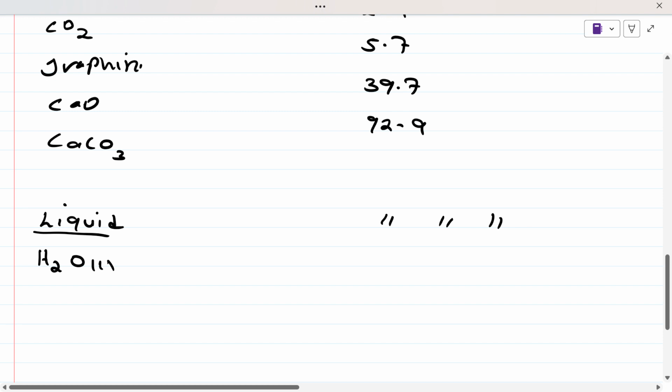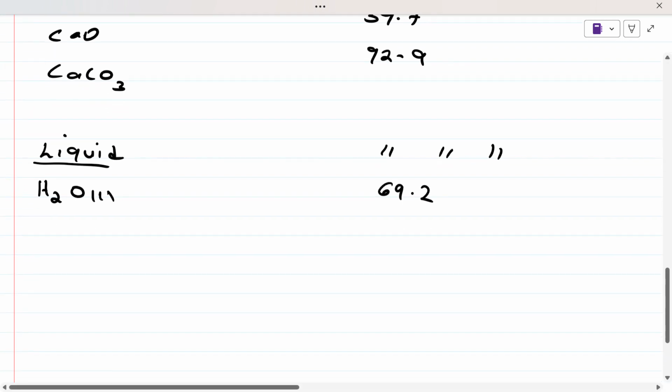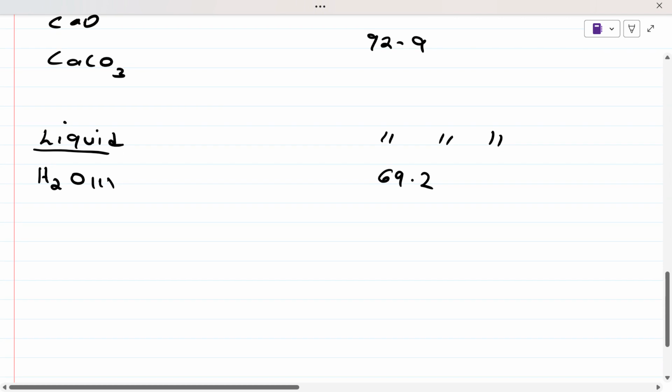Now as a liquid, it has an entropy of 69.2. Methanol, CH3OH, has an entropy of 239.7.